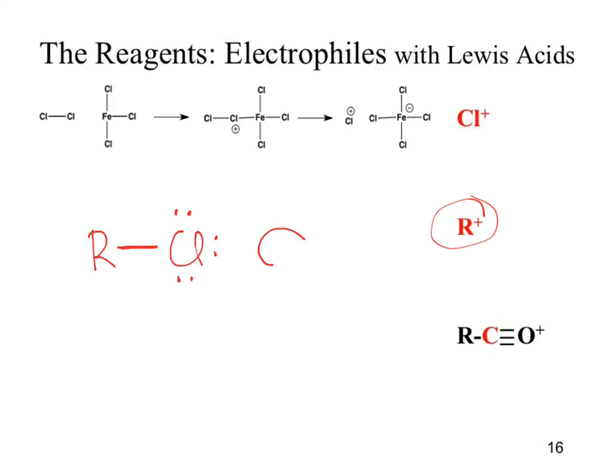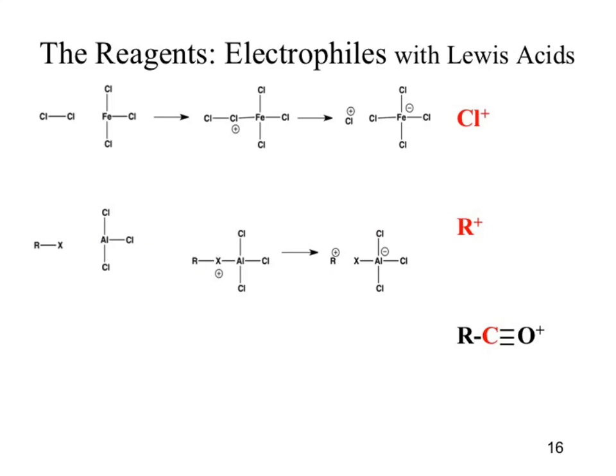We need something with an empty p orbital that could accept those electrons. Some sort of iron catalyst. Switch it up, get less specific with that. We can go with our Lewis acid catalyst. Our aluminum trichloride will work really well. So we can use AlCl3. We get effectively the same result that we got with our chlorine.